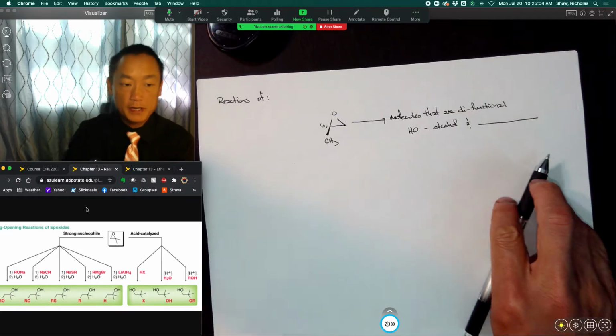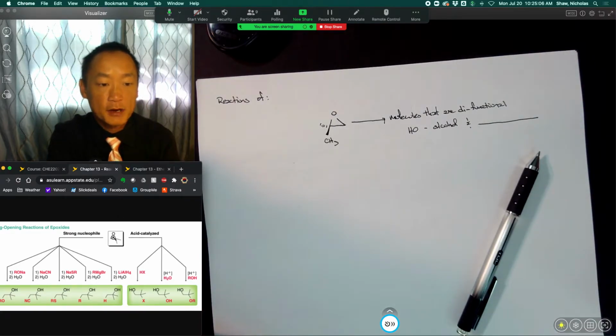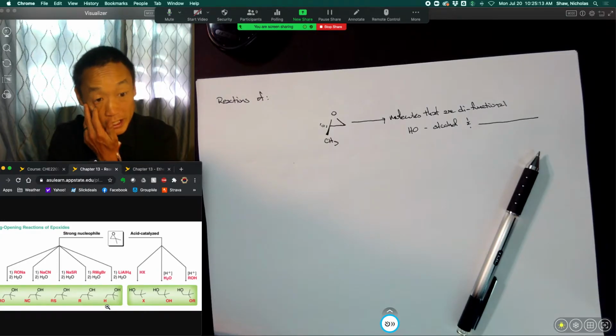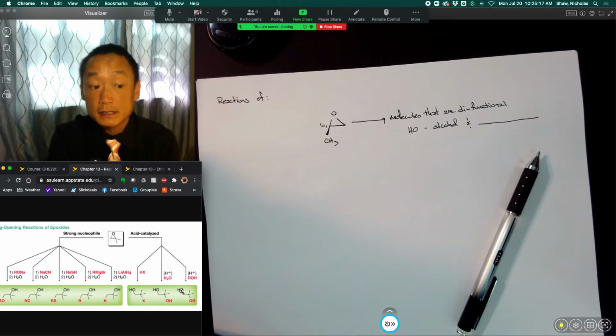What I mean by that is we're taking an epoxide right here and breaking it in the presence of all of these things to make essentially an alcohol in every single one of these cases.